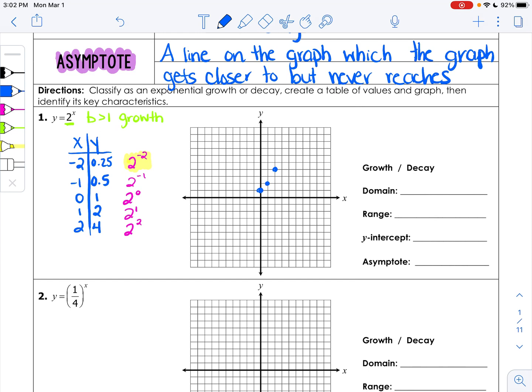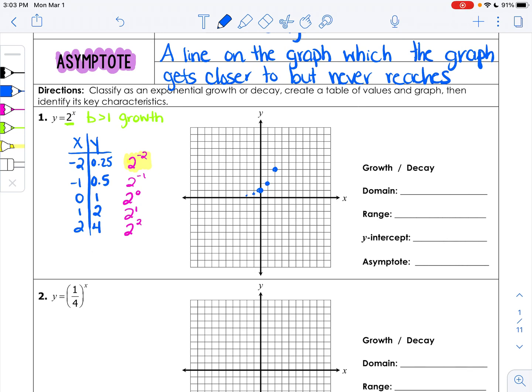Now with the other two, we have to estimate about where it would be because they're decimals. So starting at our origin, we're going to go to the left 1, and then we're going to go up just a half. And then negative 2, 0.25, we're going to go to the left 2, and then up just a fourth. So again, just estimating where those are.